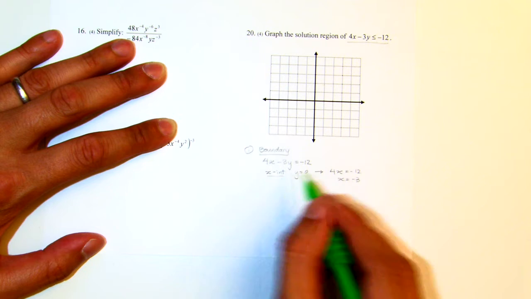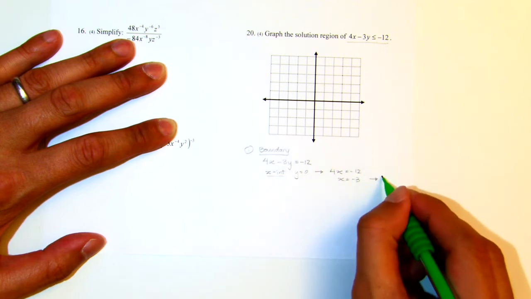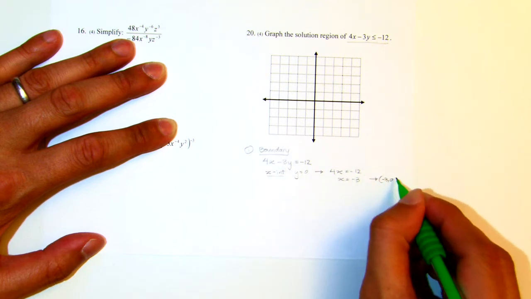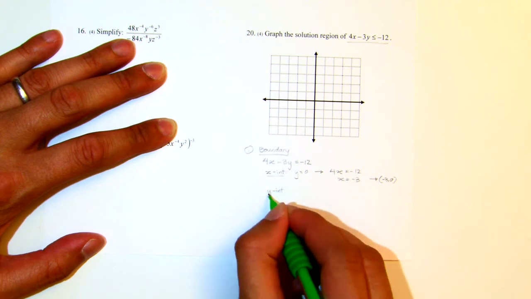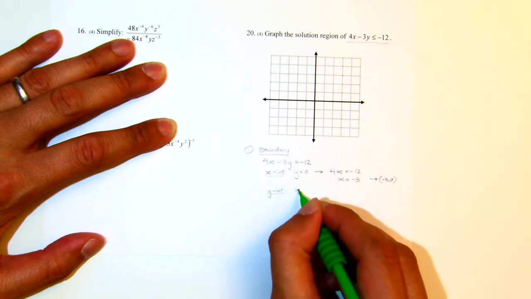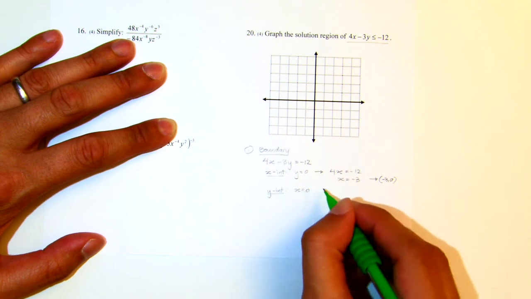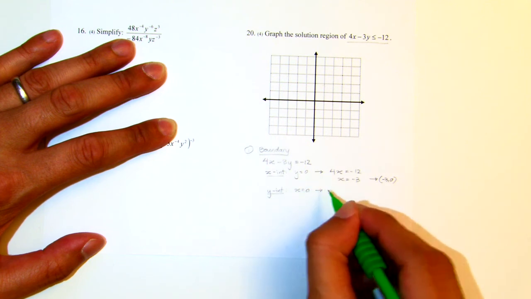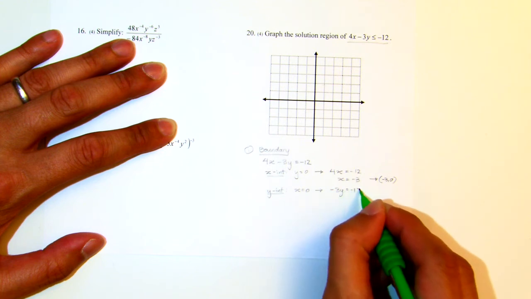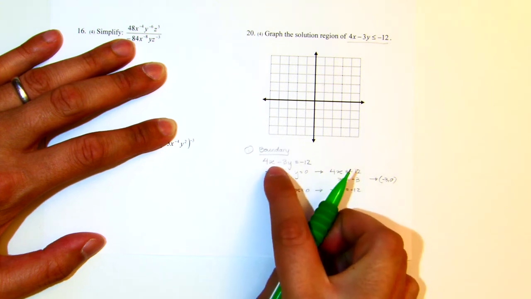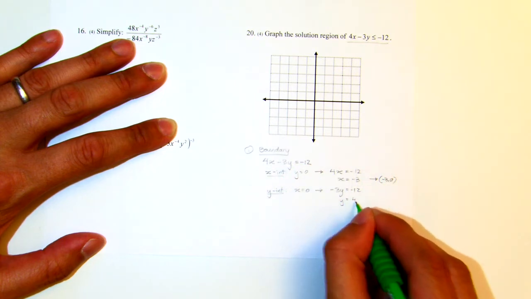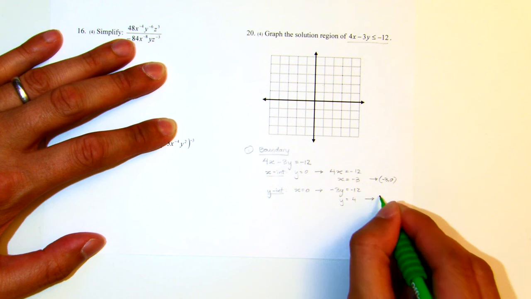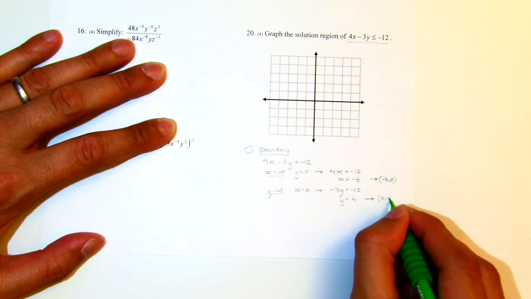Therefore, the x-intercept is (-3, 0). And to find the y-intercept, we always set x equals 0. We'll have -3y equals -12, right? When x equals 0, and therefore y equals 4. That way we get the y-intercept is (0, 4).